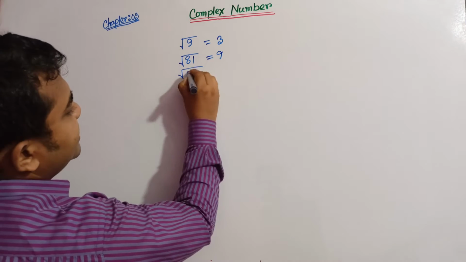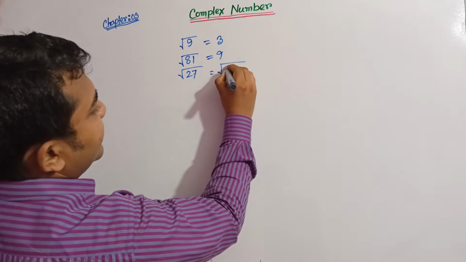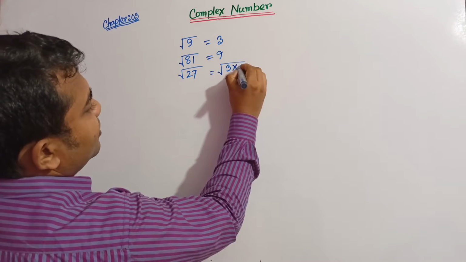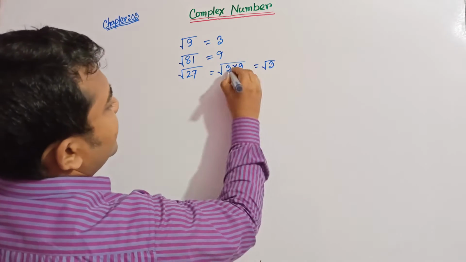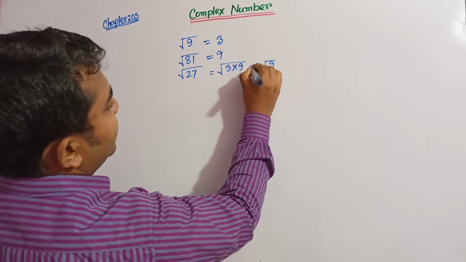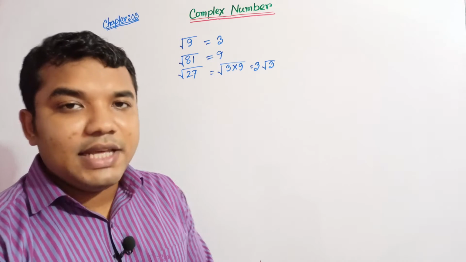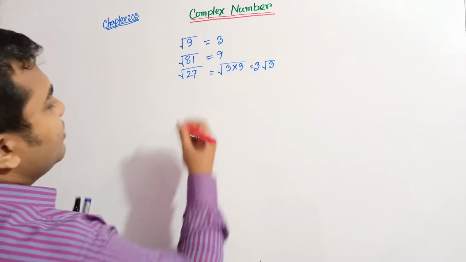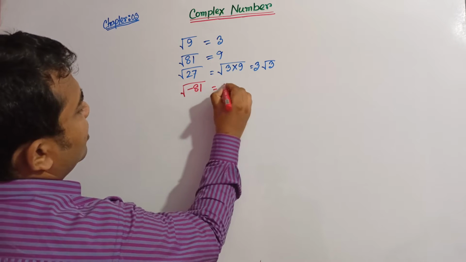For root over 27, obviously you will think that it can be written as 3 into 9, so it can be written as root over 3 squared into root over 3, so it is 3 root over 3.